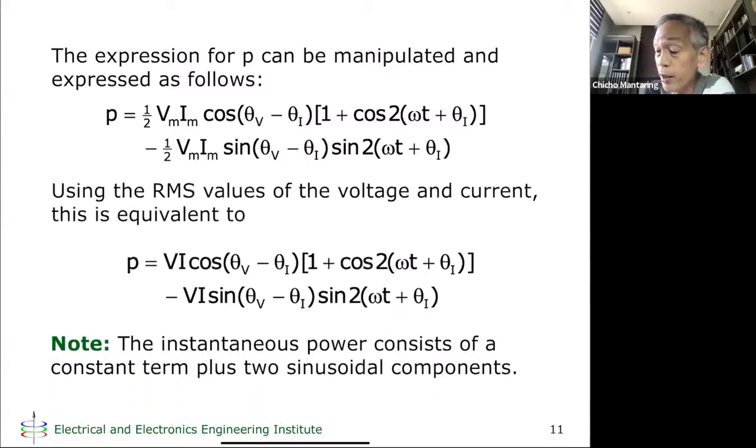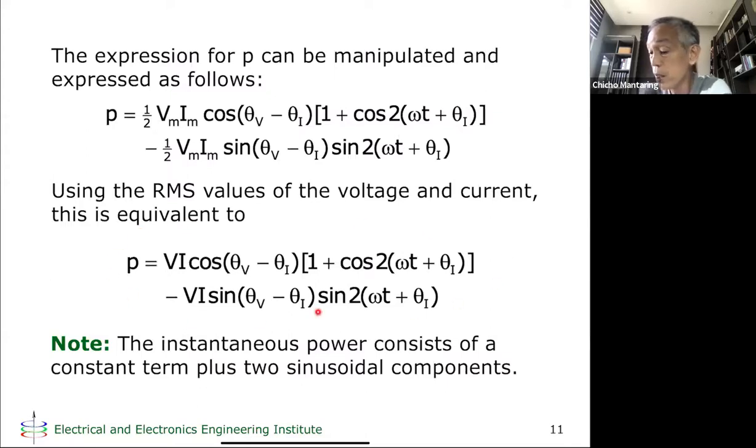And then if I convert to RMS values, instead of V sub m, I use V RMS, which is V sub m over the square root of 2, and I use I RMS, which is I sub m over the square root of 2. So assuming that V and I are my RMS values, ito yung lalabas na equation.